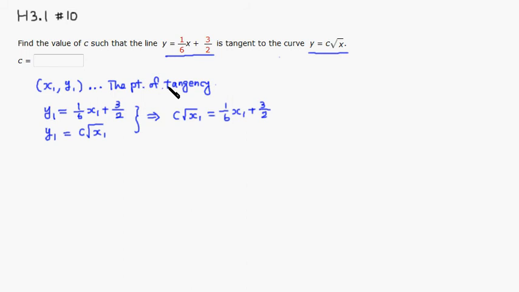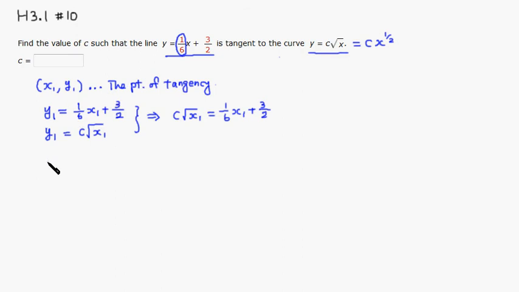Then also we know that the slope of the tangent line is 1/6, which means that the derivative of this at x1 should be 1/6. So let's take the derivative. Y is equal to c times x to the 1/2 power.